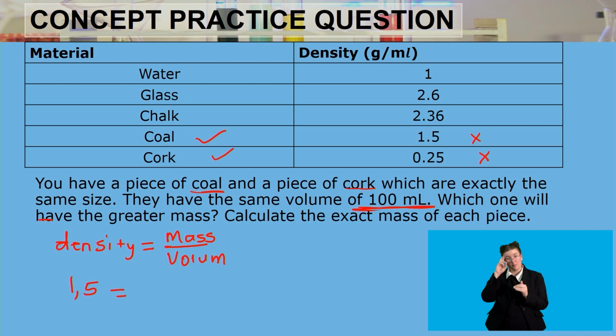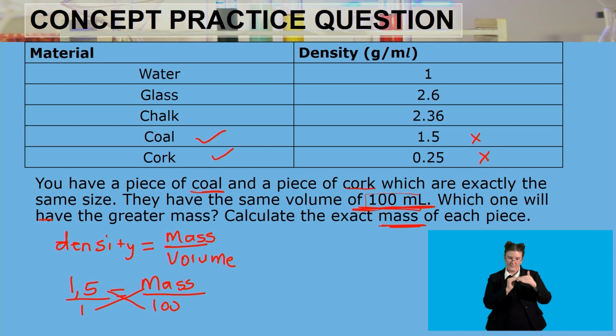That is equal to, remember that we are looking for the mass of each of these substances, so now mass over the volume. We are told that each of them has a volume of 100 milliliters. So again, this 1,5 is over 1, because any number is always over 1. If it doesn't have a denominator, it is always 1.